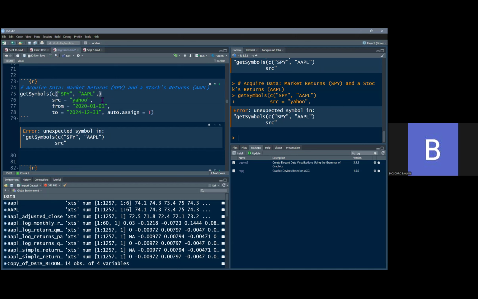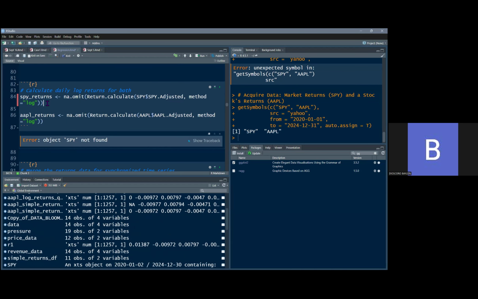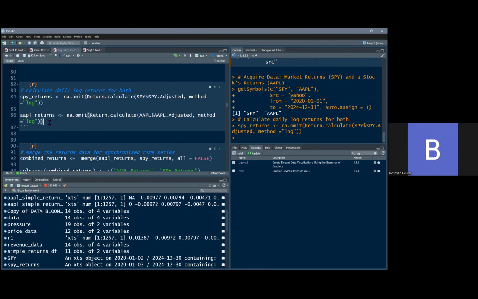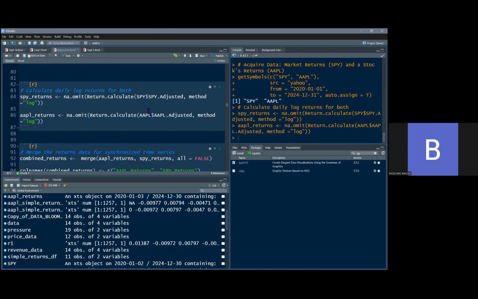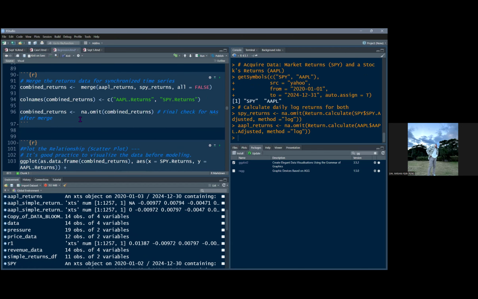After the parenthesis. Oops, hindi. Sa labas ng parenthesis. Yan. Kasi yung susunod mo, source na di ba? Okay. Nag-run na ba? Yes po, nag-run na. Tapos yung spy returns mo, ano nangyari? Meron na ba? Yes po. Okay, good. Apple returns, meron na rin. Yes po. Okay, good.